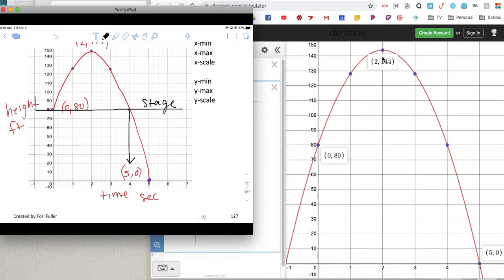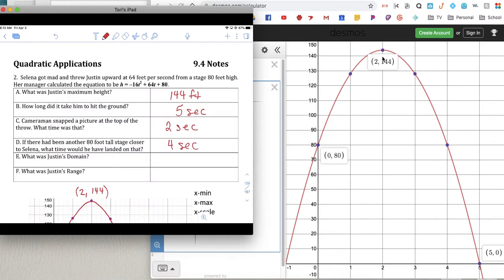Well, it's not the 5. It's actually this 4. Okay, so instead of 5 seconds to land on the ground, it would have only taken 4 seconds to land on the stage. So let's go ahead and put that. So 4 seconds. Whoops, give me a second. We're a little bit frozen. There we go, 4 seconds.